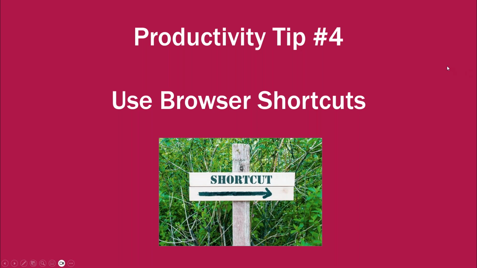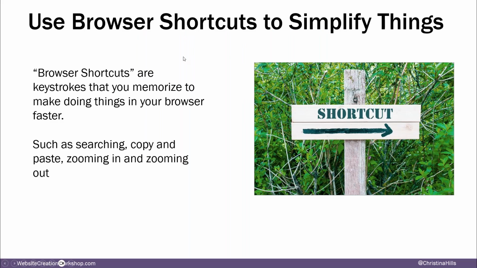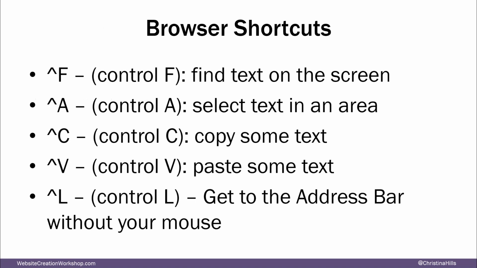All right, so productivity tip number 4 is using browser shortcuts, and some of these are more useful than others. So browser shortcuts are keystrokes that you memorize to make doing things faster, such as searching, copying and pasting, and zooming in and zooming out. So this is a common one, Control F, to find text on the screen.